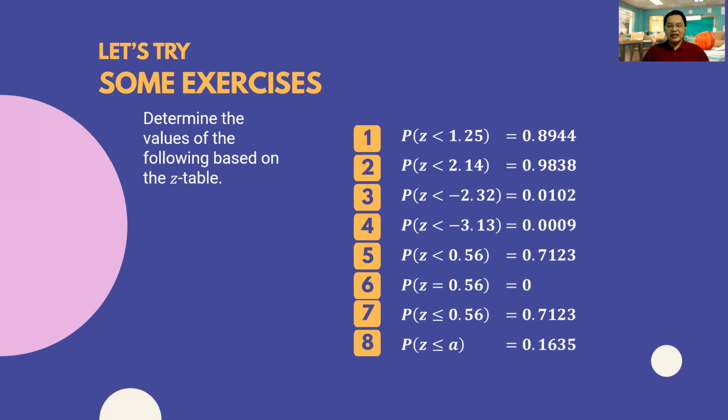We're given the area of the region, but we're after the Z-score. And what you can do if you make use of the Z table is just to scan the whole Z table until you find 0.1635, and then you can identify what Z-score would correspond to that, right? So in this case, you should probably see that it's equal to negative 0.98.